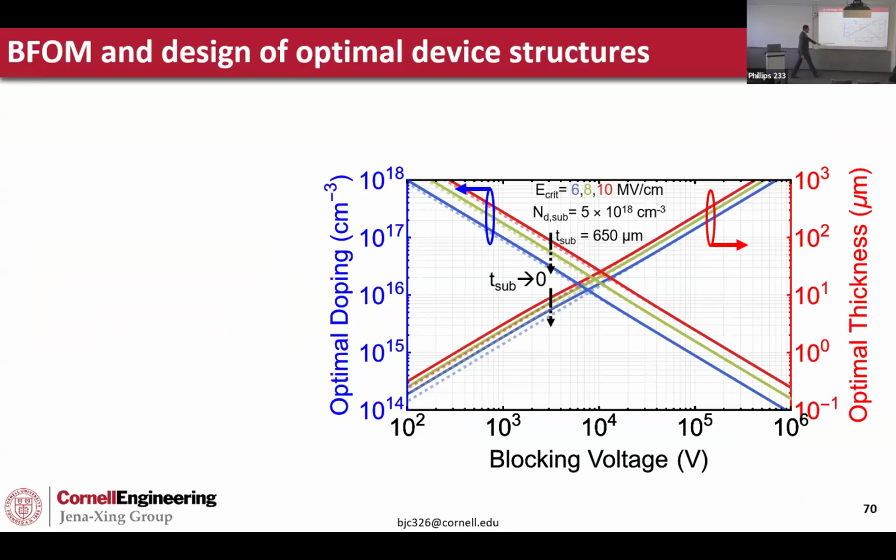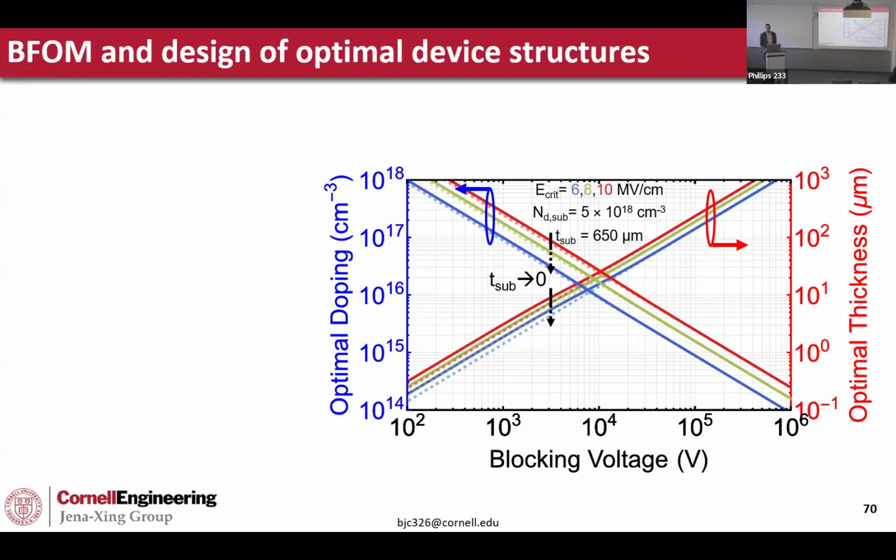If we're here at 1 kilovolt, then we can read that the optimal thickness we'd want is roughly 3 microns at a doping of roughly 3e17.